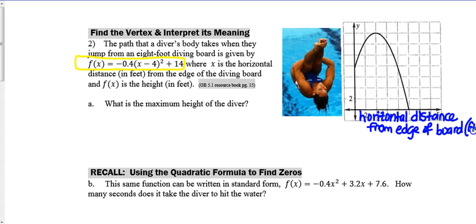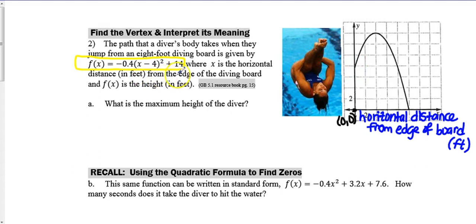The more specific we are, the easier it will be to understand what does x mean and what does y mean. So x is all about how far you are from the edge of the board. So right here is 0, 0. If you're 0 feet from the edge, it means you're still on the board.